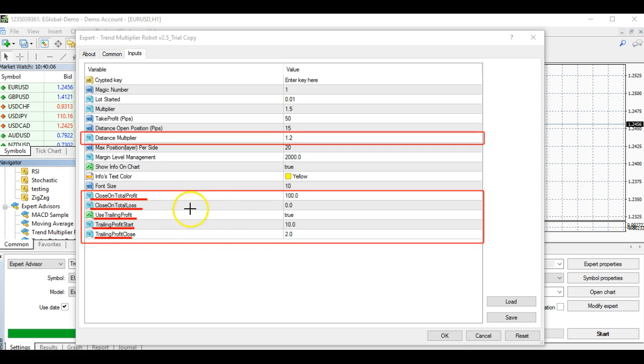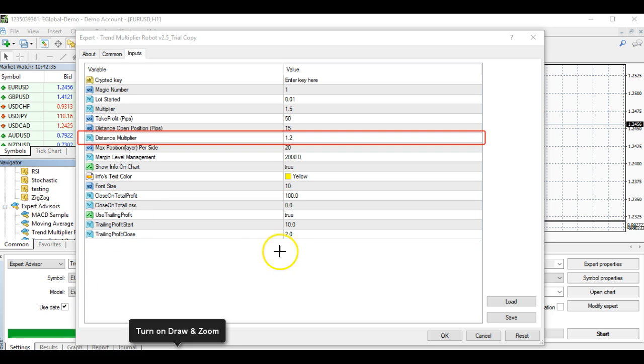So I will be explaining all this one by one for you to understand better how it works. I will explain first the distance multiplier, how it works. I believe the rest of these functions you already went through in our previous videos. So what we added is this distance multiplier, and the rest. So we will do one by one.